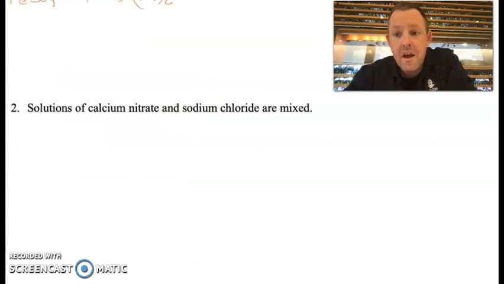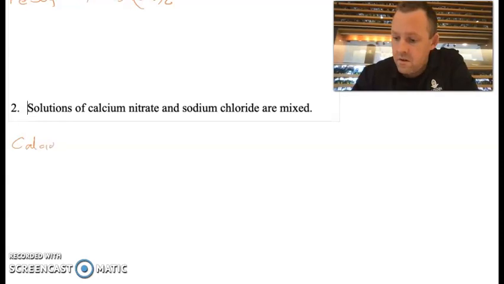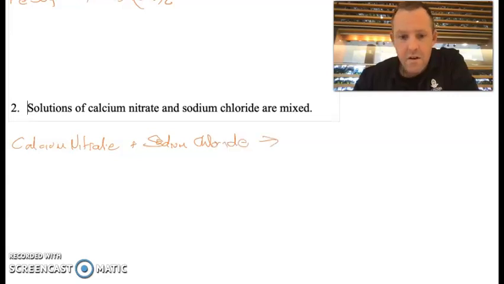We'll do this second example, and then you've got the worksheet on Canvas that you're going to be able to go and have a bit of a play with. So, solutions of calcium nitrate and sodium chloride. So, calcium nitrate plus sodium chloride. And that's going to form, so swap your metals over.